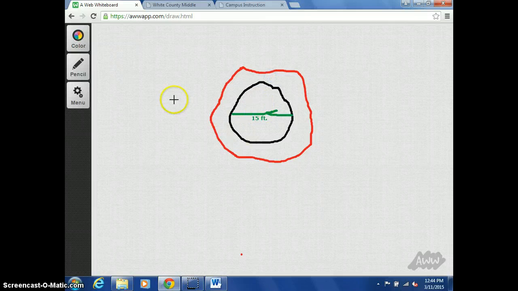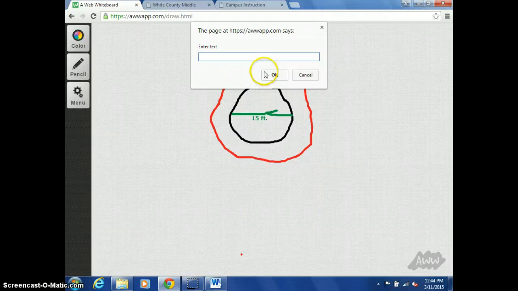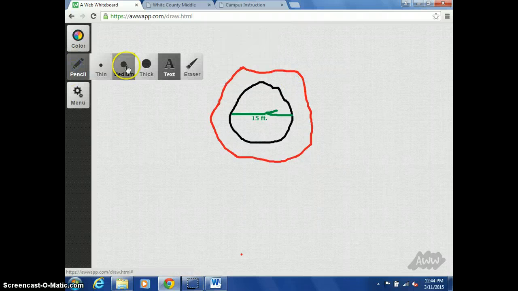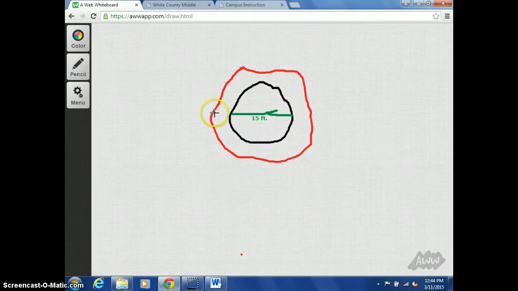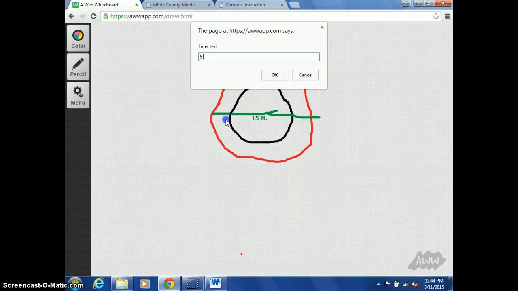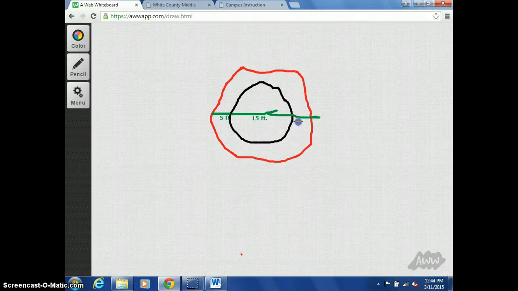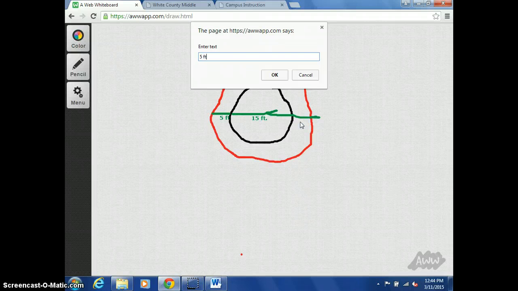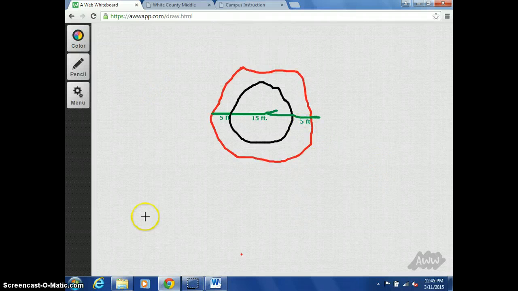I'll type that so you can actually read it. But it also tells us how far he wants this fence to be away from the pool: 5 feet. So from here to here needs to be 5 feet, and from here to here also needs to be 5 feet. Okay. So there's our picture of the problem.